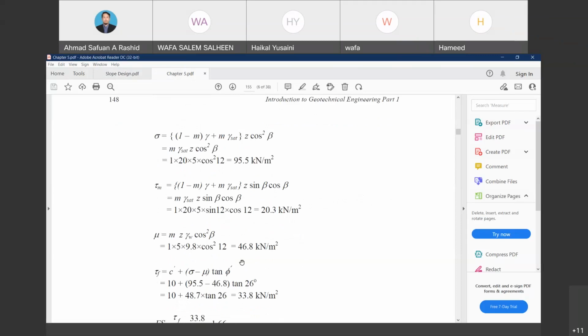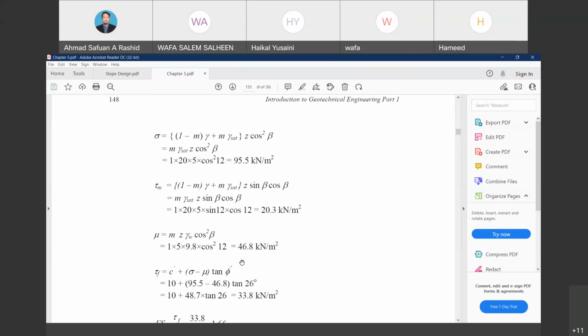The last one is the mu, the pore water pressure. M is equal to 0.67 times Z of 6 meter times 10 times cos square beta. So 0.67 times 6 times 10 times cos square of 25.